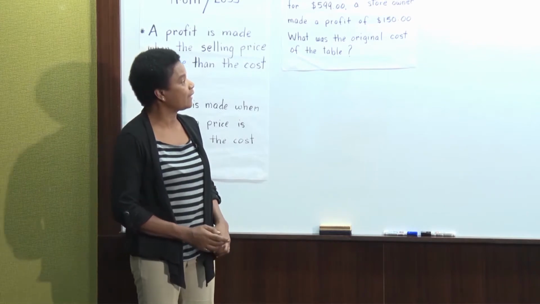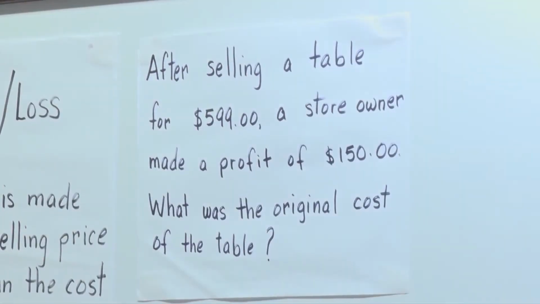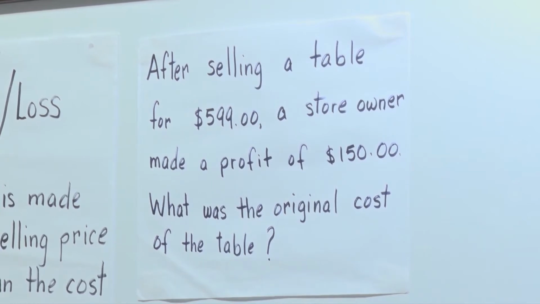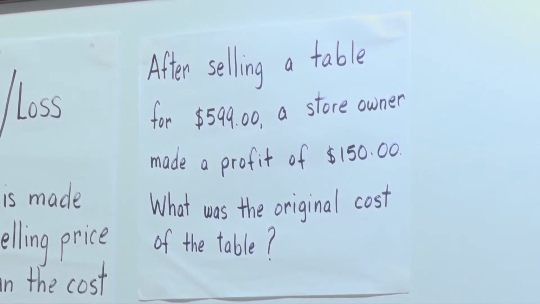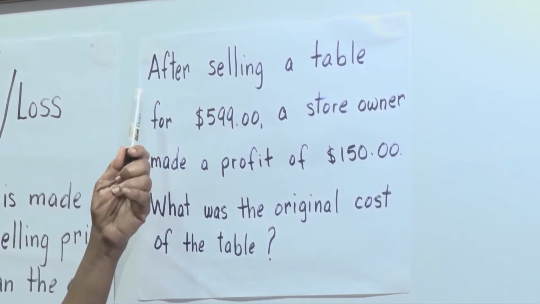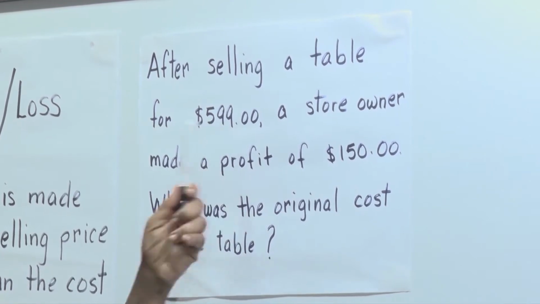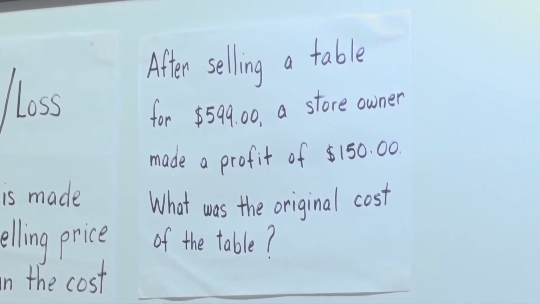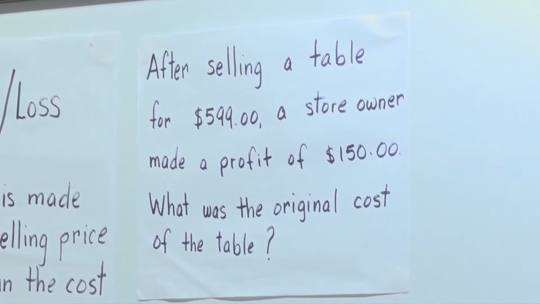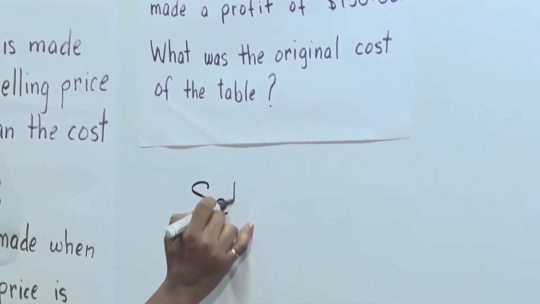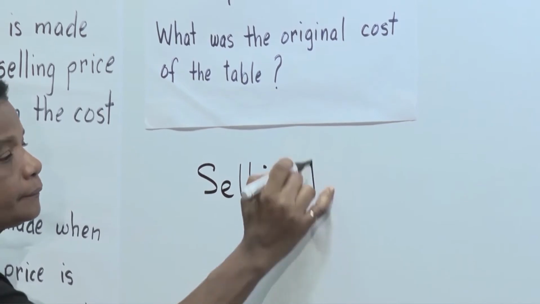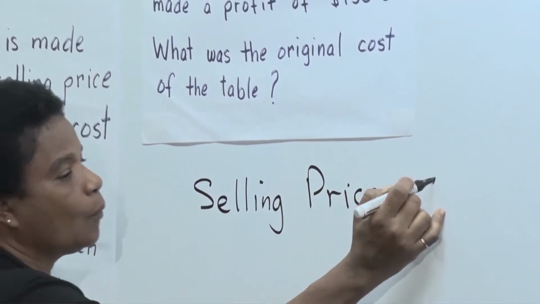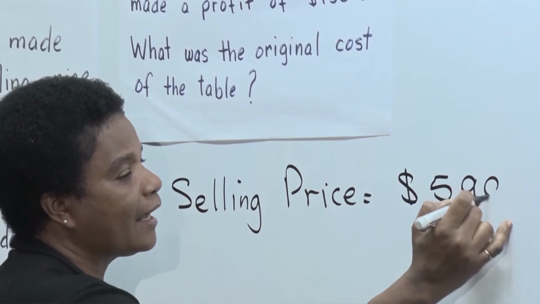Now let's look at our second question. After selling a table for $599, a store owner made a profit of $150. What was the original cost of the table? Let's read it again. After selling a table for $599, so what price was that? Yes, that was the selling price. So the selling price was $599.